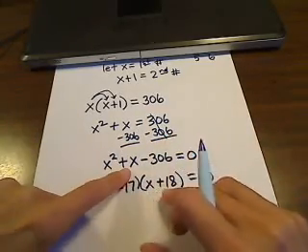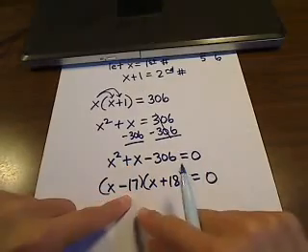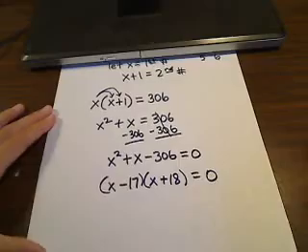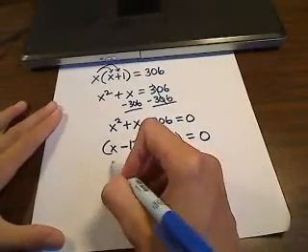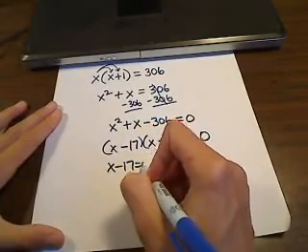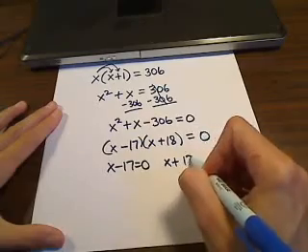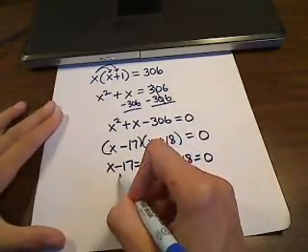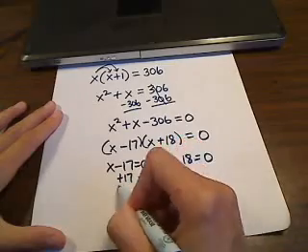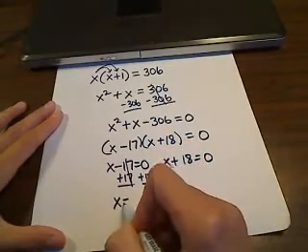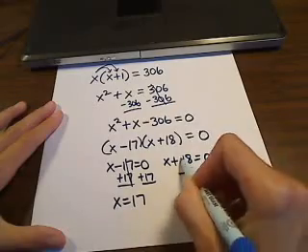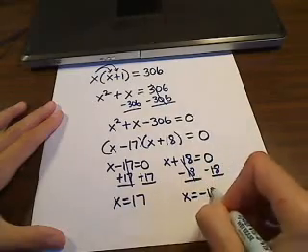The outside and inside would add to give me a positive x, and negative times positive gives me negative. So I set x minus 17 to 0 and x plus 18 to 0. Solving these separately, I add 17 and get x equals 17, and subtract 18 and get x equals negative 18.